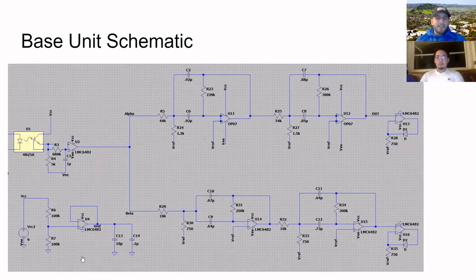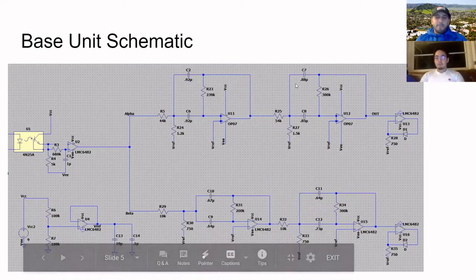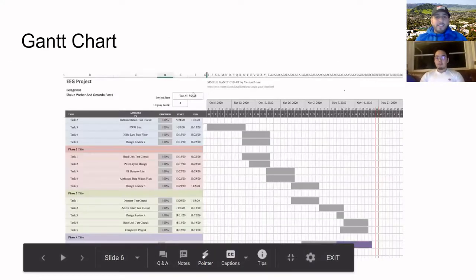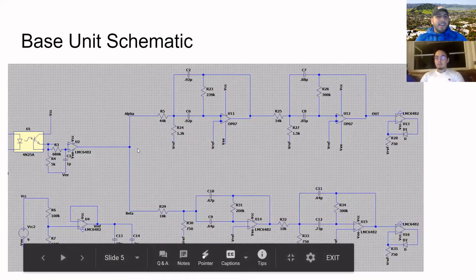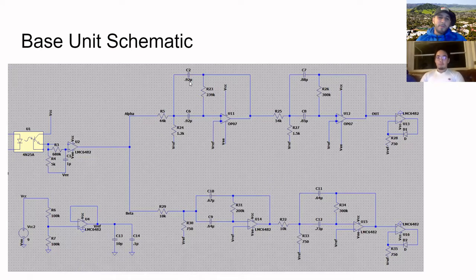One thing I do want to point out, as Shaun mentioned, our capacitance values weren't accurate. As you can see on our alpha filter, these capacitors should be 1 farad, but when we measured them with a multimeter, they came out to these specific values.